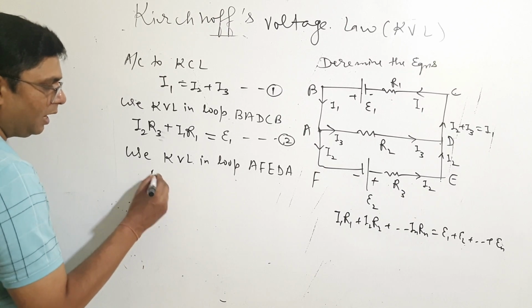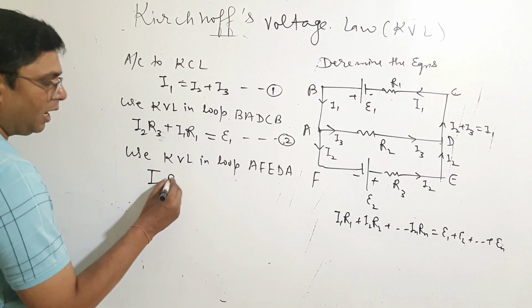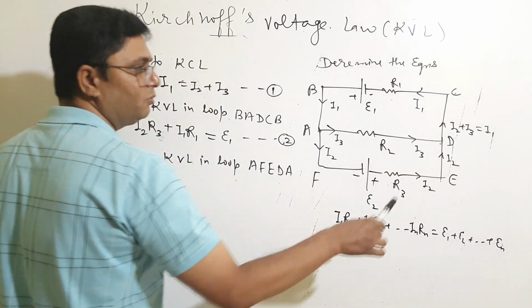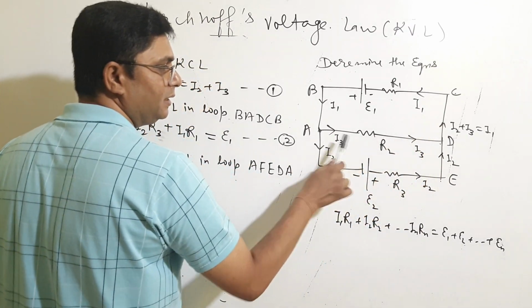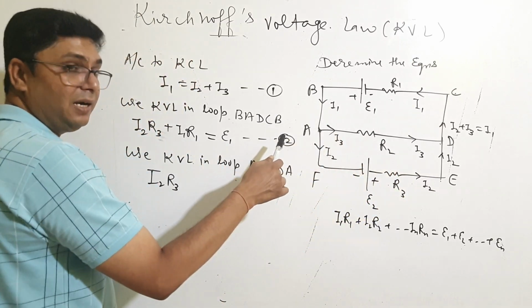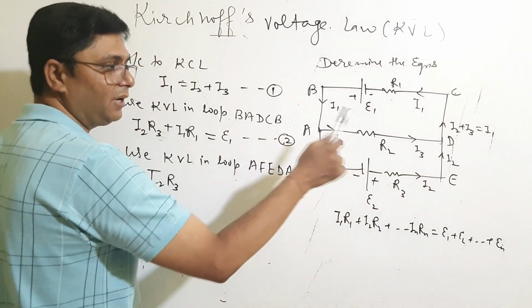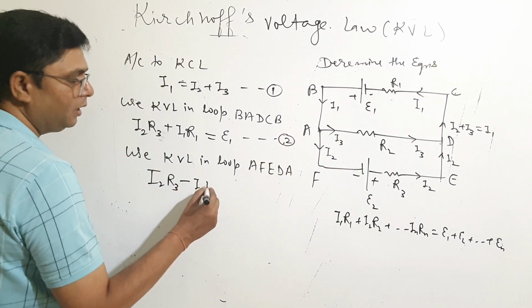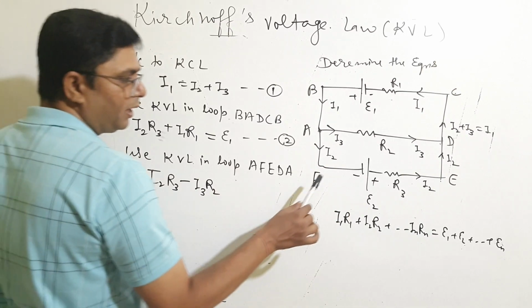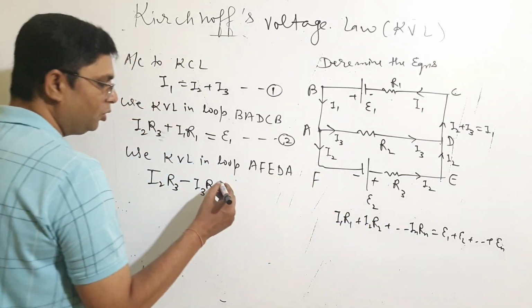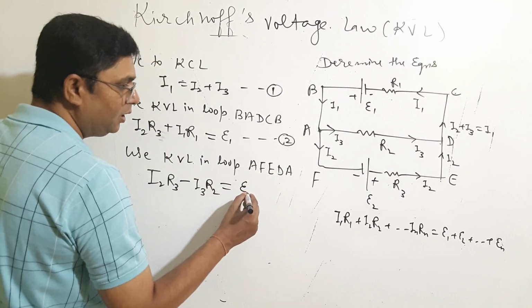So you have I2 R3. When you move from E to D, there is no resistance. When you move from D to A, the resistance is R2 and current is I3. You are going from D to A, but current is going from A to D, so you have to write negative, minus I3 R2. Again, when you move from F to E, you have an EMF from minus to plus, so you write on the other side E2.